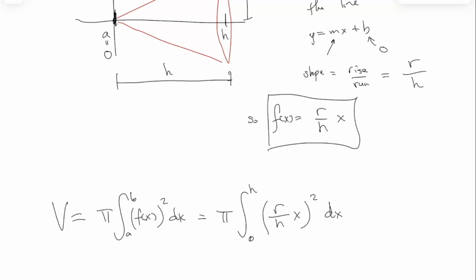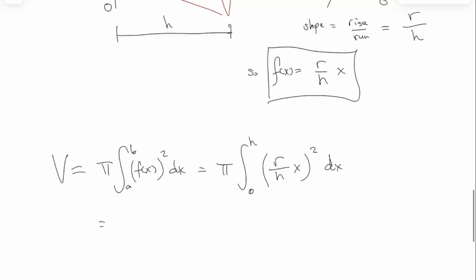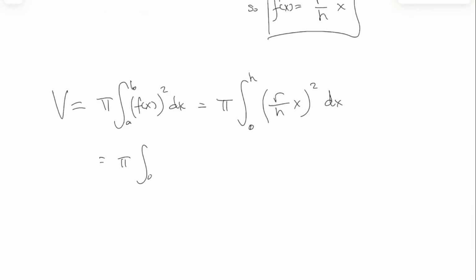All right? So the first thing I would do would be to square up this whole thing. Everything in here is multiplied or divided, so everything you see gets squared. So it's r squared over h squared times x squared. So I got pi integral 0 to h r squared over h squared x squared dx. All right. Anybody want to suggest, can we simplify this at all before trying to do the antiderivative?